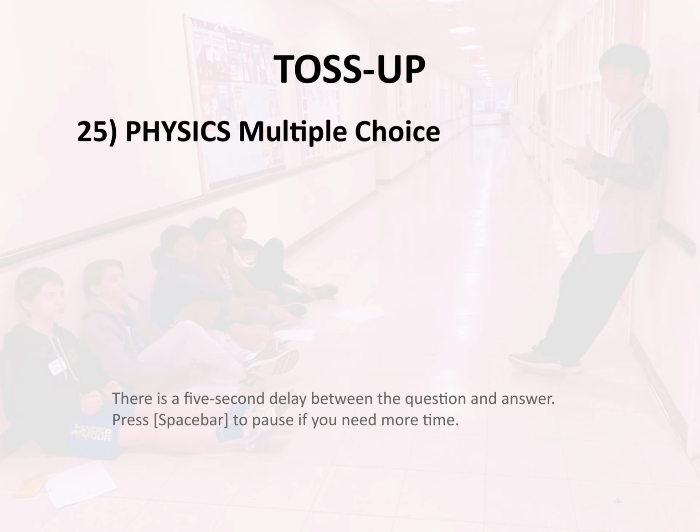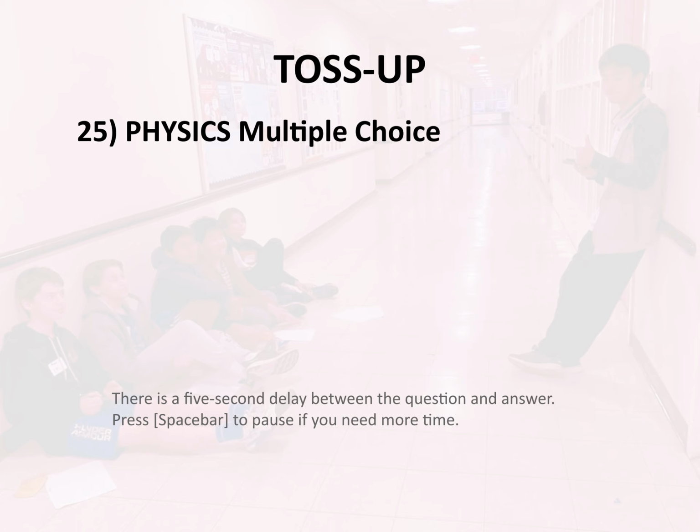Toss-up, 25. Physics. Multiple choice. As an object falls to the Earth with air resistance present, what happens to the acceleration of the object? W. It remains a constant 9.8 meters per second squared. X. It increases from 0 to 9.8 meters per second squared.